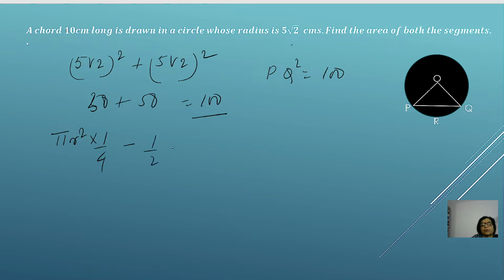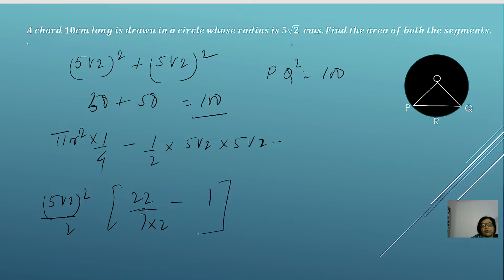Now half base into height, base is also 5 root 2, height is also 5 root 2. And r is also 5 root 2. So this becomes equal to 5 root 2 whole square, take it out as common, by 2, 22 by 7, minus, and there is 1 2 left over here, minus, here we have taken out everything common, so we are left here with 25 into 2 by 2 outside the bracket, within the bracket we get 8 by 14.